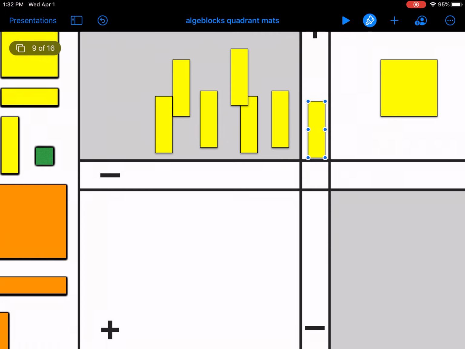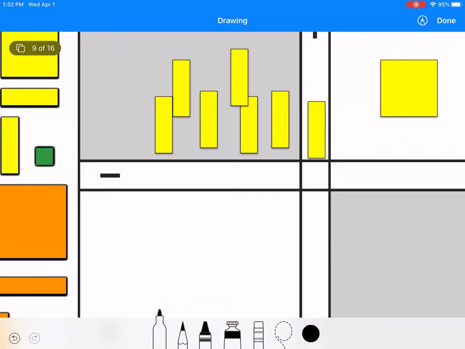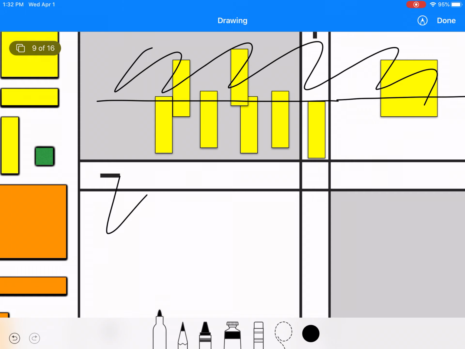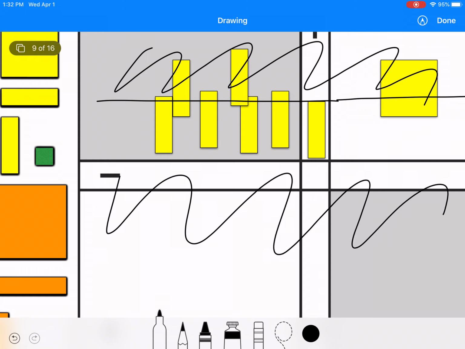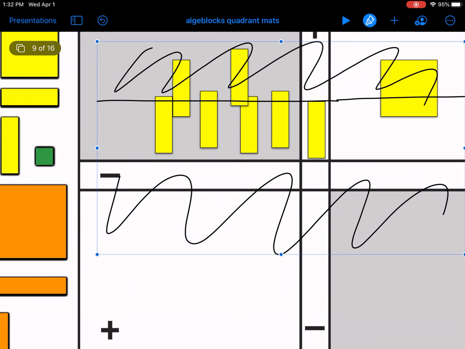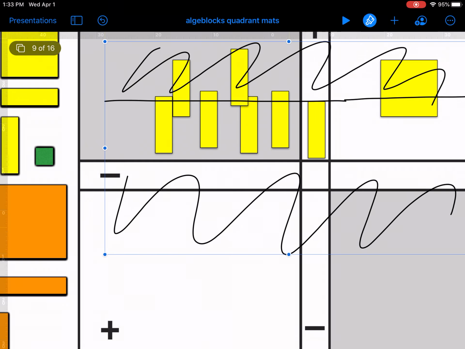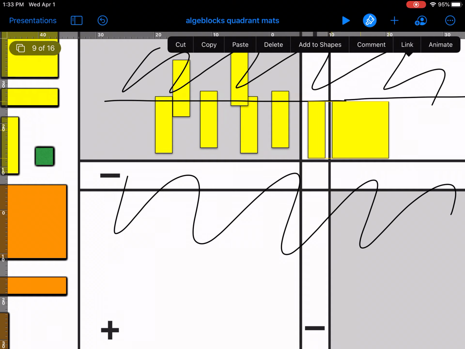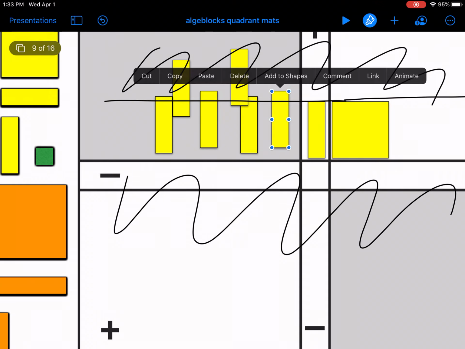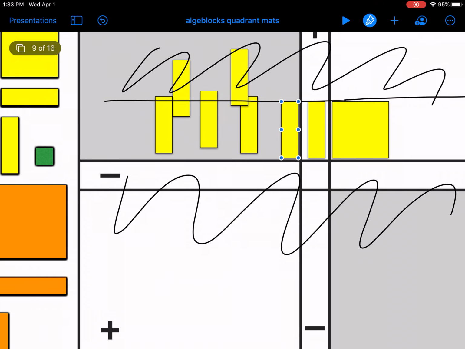So if we are to fit our rectangle all within that dimension, then we're going to have to move some of these blocks. So the r squared will have to fit there. And then all the r's would have to fit in here.